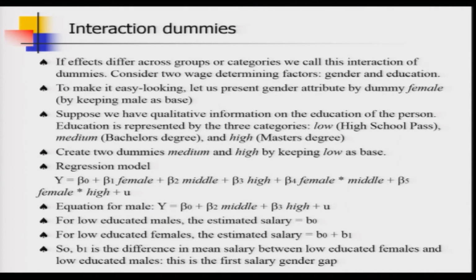Now, I want you to think about that initial wage or salary regression equation with which we started the discussion. I said that there is one continuous regressor, which is years of job experience, and then there is one dummy for the gender qualitative variable.